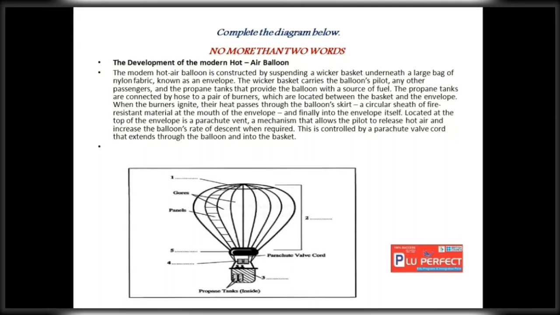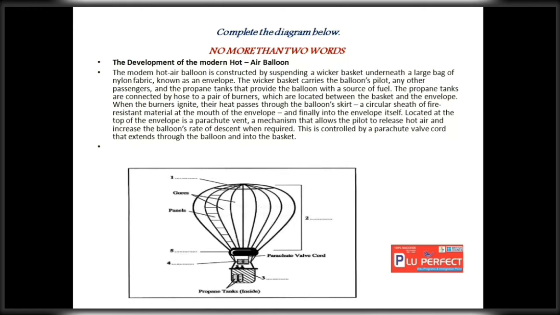But in case there are no keywords given in the instruction, then you don't have to worry. You can always take the help of the diagram, because either in the instruction or in the diagram, keywords will certainly be there. Like in this diagram, there are no keywords in the instruction, but in the diagram, yes, there are 3 to 4 keywords which can help you to find the right location.